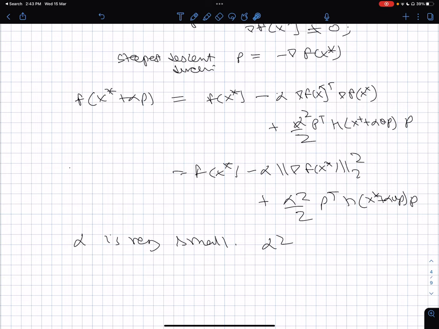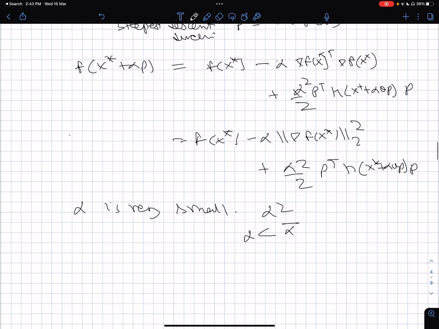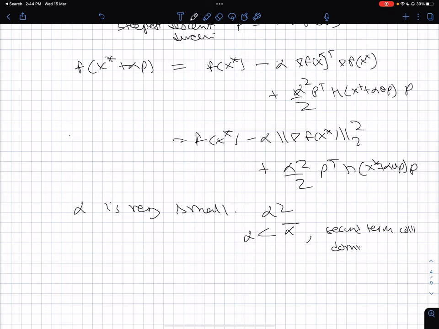I will not dive too deep into it. I will leave it for you to work on this intuition yourself and formalize this logic. Basically what I'm saying is that so long as alpha is kept below a threshold, the second term will dominate the third term.